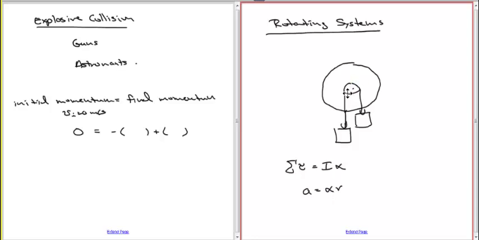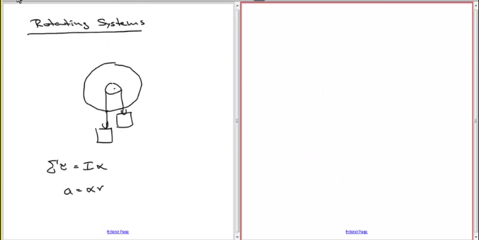And so if you know the linear acceleration of these masses, then you can solve for alpha, or if you know alpha, which is the angular acceleration, you can calculate the linear acceleration. So these are the 2 new things that you have involved in rotating systems.